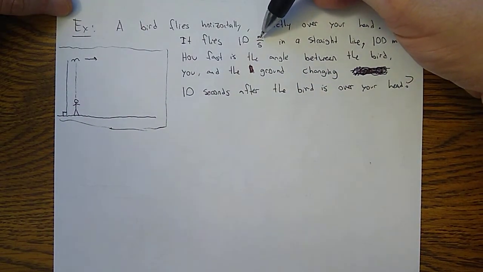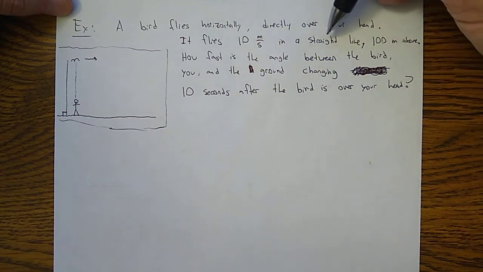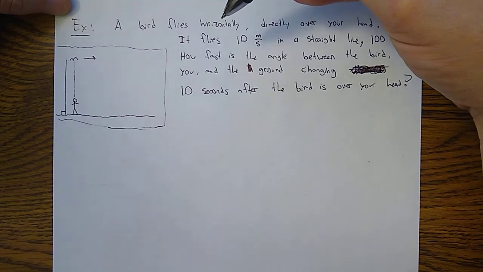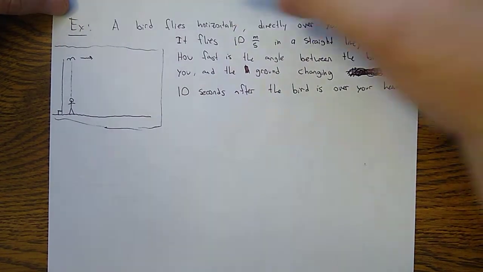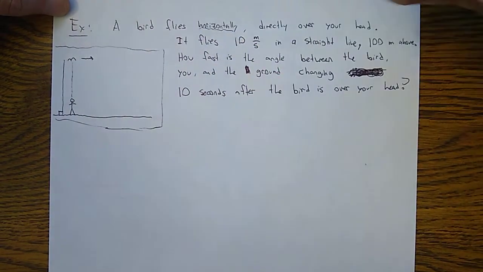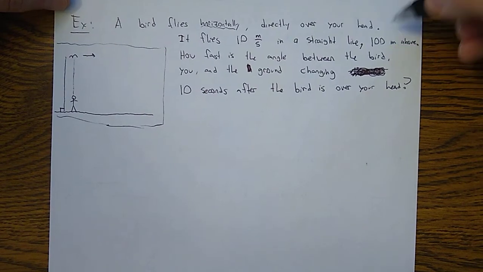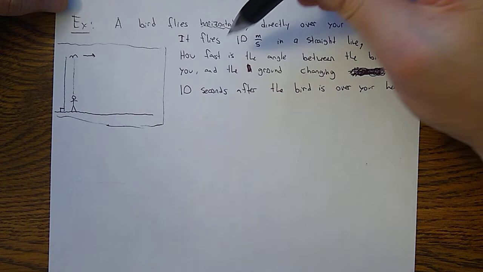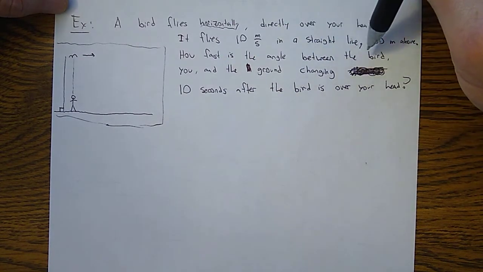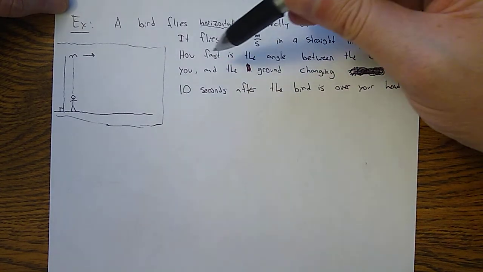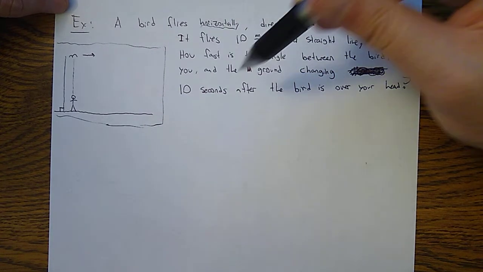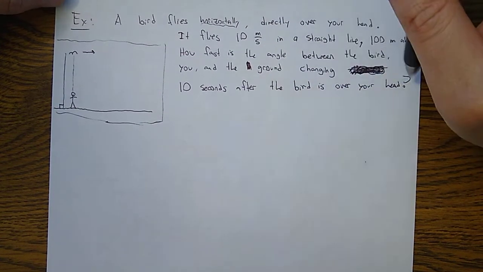It's flying 10 meters per second. It's flying in a straight line, and it's 100 meters above you. I already said it flies horizontally, so it's going to stay 100 meters above at the same height. The question is, how fast is the angle between the bird, you, and the ground changing 10 seconds after the bird is over your head?